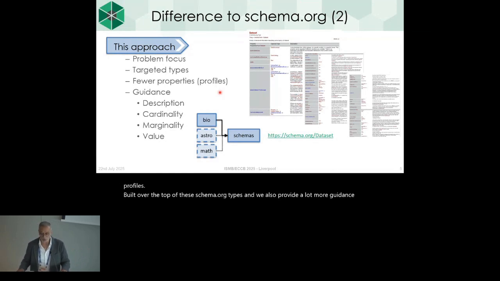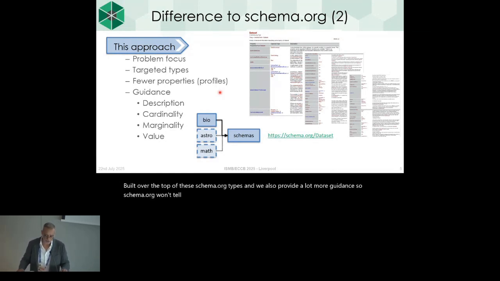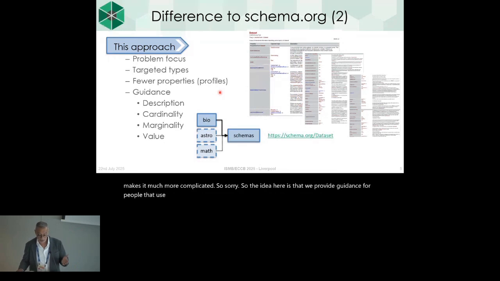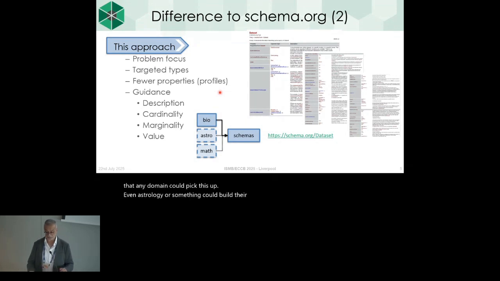Schema.org will give you a description, but it won't tell you how many times that property can appear, what the values might be, whether it's mandatory or optional. So it makes it much more complicated. So the idea here is that we provide guidance for people that use this. Like I said, this is an example for Bioschemas, but you could imagine that any domain could pick this up, like even astrology or something could build their own schema, astrology.schemas.